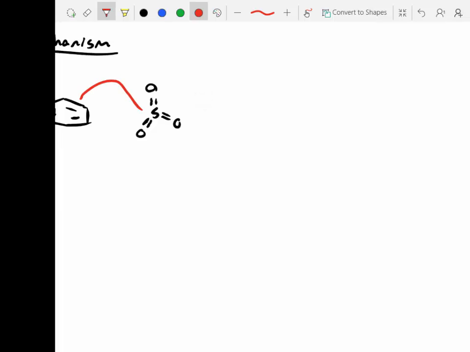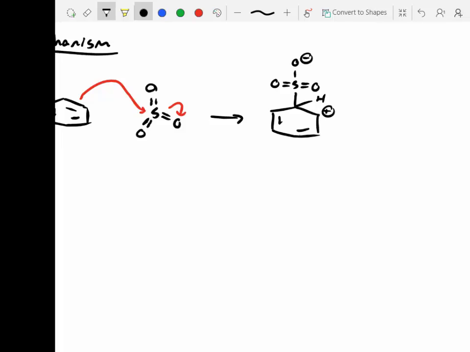So if we draw our nucleophile attacking our electrophile, we're almost there. But sulfur doesn't want that many bonds, so we're going to pop this set of electrons over here. So now we've got our arenium complex.